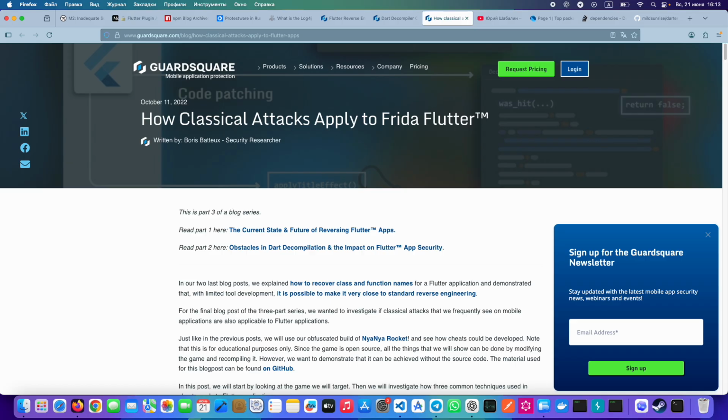But the third, as I said, asks us, can we apply all those attacks that we did on Flutter to Android and iOS as well? So the answer is yes. Every attack that you do on Flutter relates to Android, iOS, Windows, it doesn't matter, because we are writing the same code.